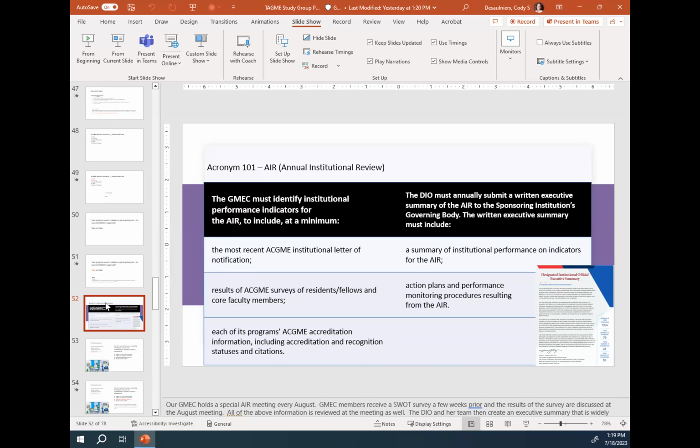And the DIO must annually submit a written executive summary of the AIR and have action plans and performance monitoring procedures resulting from that.